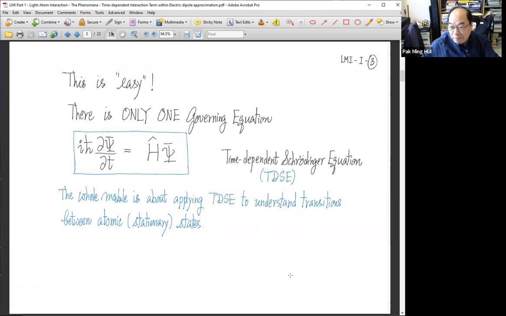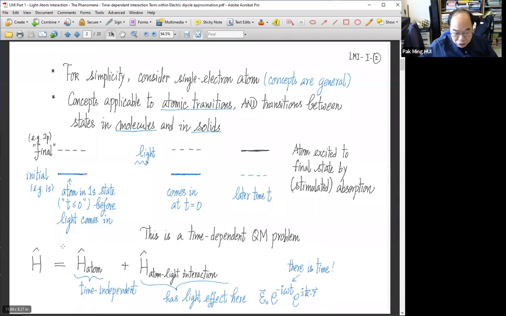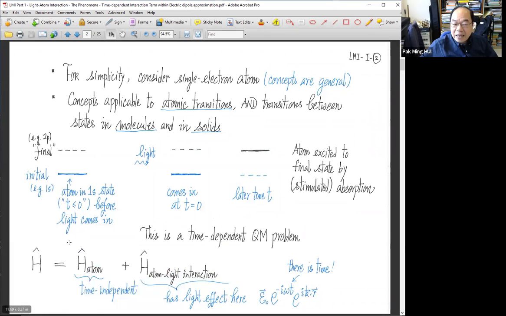Quantum mechanics with time is easy to do. There's only one equation, no other choice. It is the time-dependent Schrödinger equation. So the whole module that follows has to do with how we can apply this time-dependent Schrödinger equation when we have such a Hamiltonian, given that at the initial moment, this atom is in some initial state.